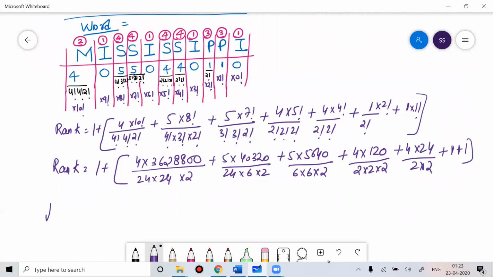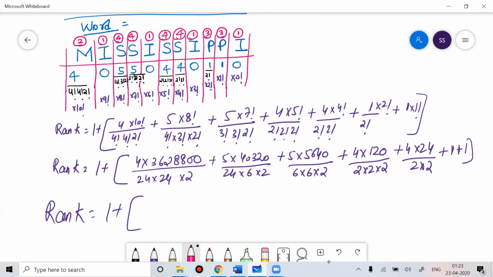I believe this will give you the answer. Rank is equal to 1 plus. You can solve this using a calculator. You can divide it by 2 and 2.